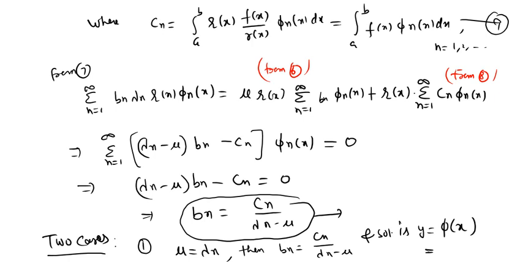And what is phi(x)? This is the summation from n equal to 1 to infinity of bn, where bn is cn by (lambda n minus mu), multiplied by phi n(x). So this is the solution of the non-homogeneous problem. So there is no problem to find the solution.